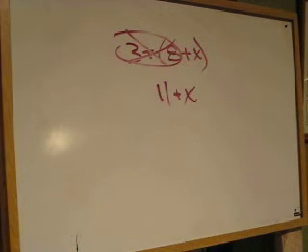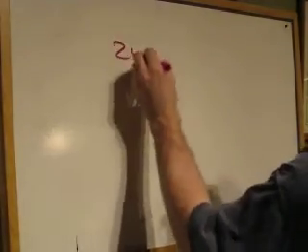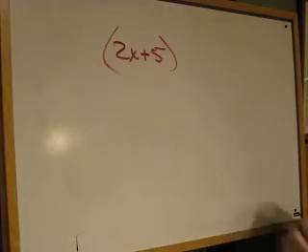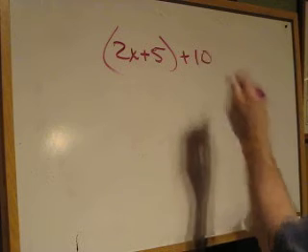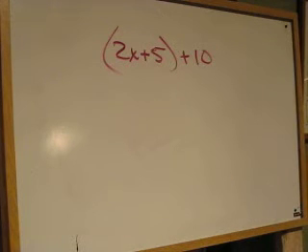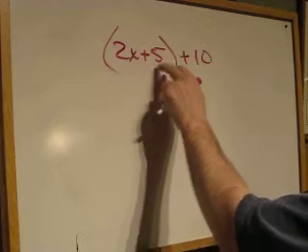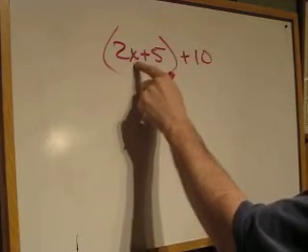That's just simplified. We didn't find out what x was, so we didn't solve it. There's no equal sign there. All we did is simplify it, made it easier. Alright, let's look at another one, such as 2x plus 5. Put that in parentheses to show that we have to do that first, and then put a plus 10 here. Well, we look at our parentheses, we can't do anything with it. You can't combine a 2x and a 5 because we don't know what the x is.